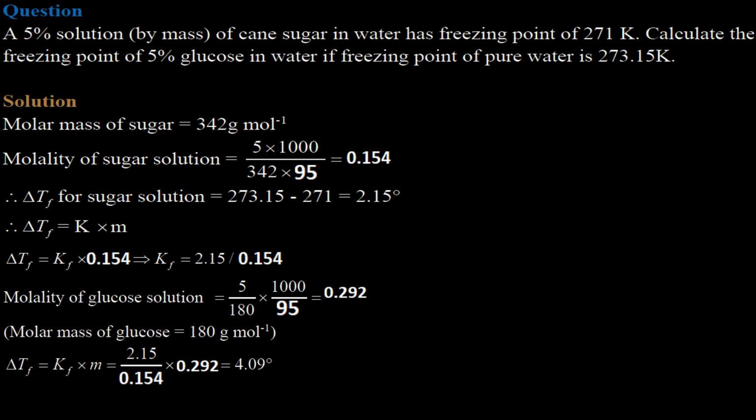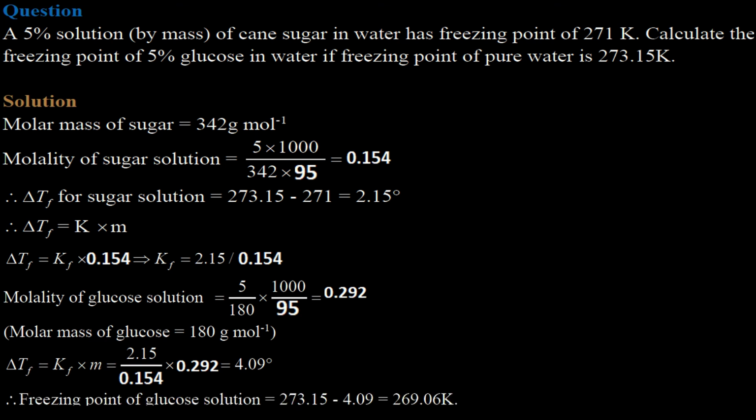So delta TF is equal to Kf into M. The Kf value we obtained earlier is 2.15 divided by 0.154, into the molality we calculated for glucose, which is 0.292. So delta TF is 4.09.